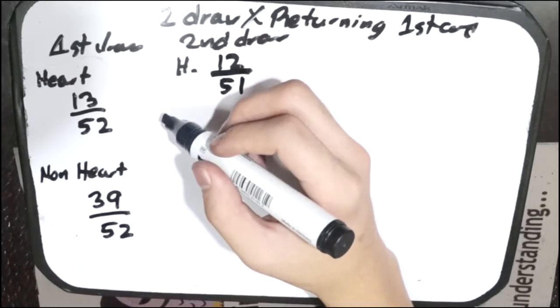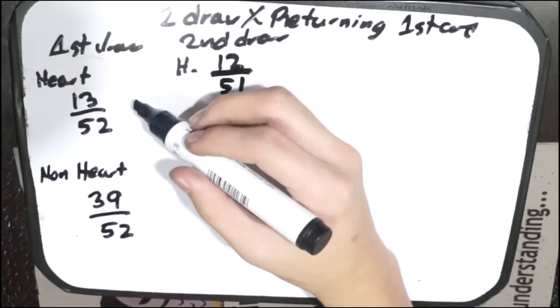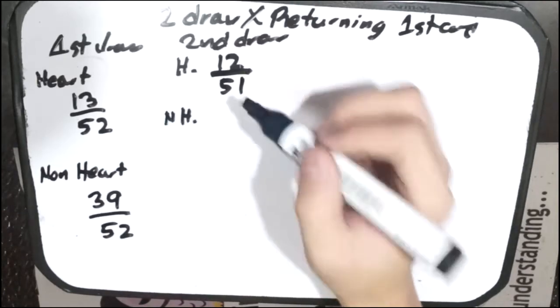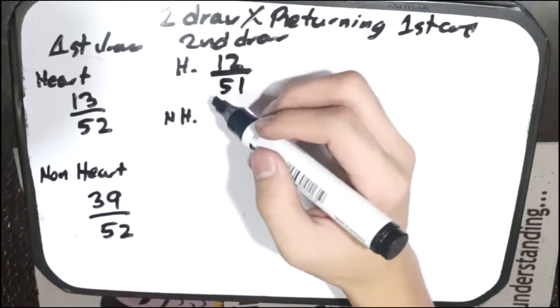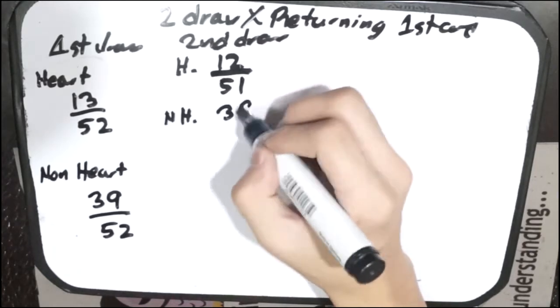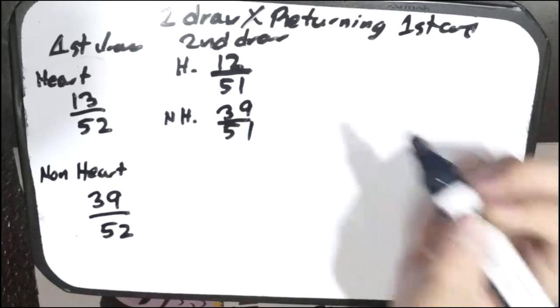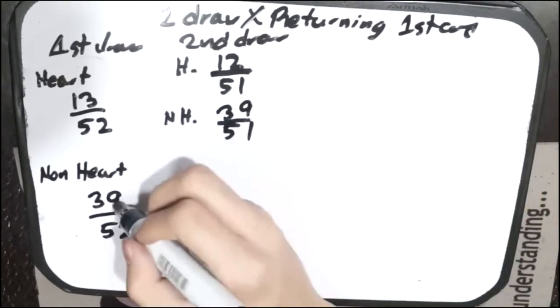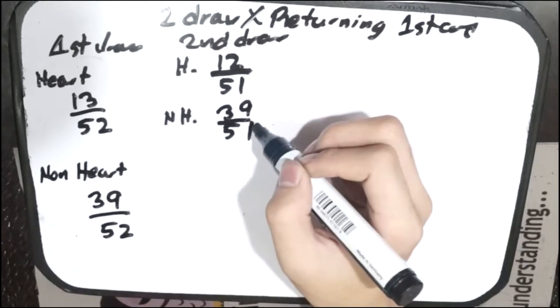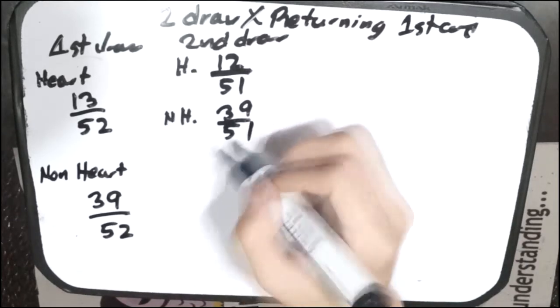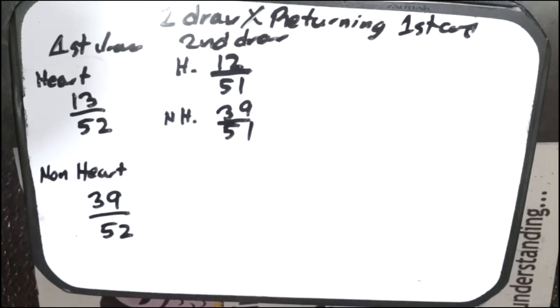While if you drew a heart the first time, the chance of drawing a non-heart on your second draw would be 39 out of 51, since the total number of non-hearts stayed the same, but the denominator decreased by 1 since the total number of cards in the deck was reduced by 1.